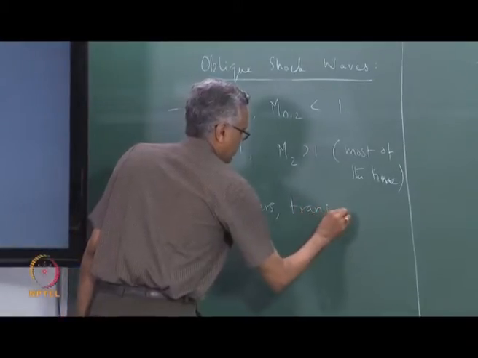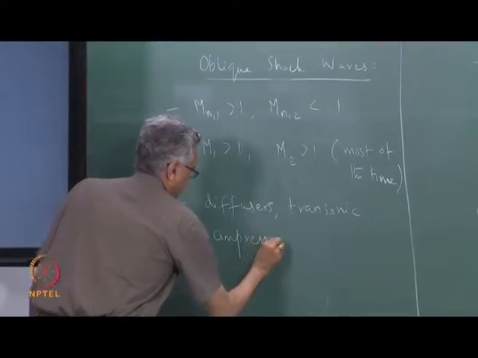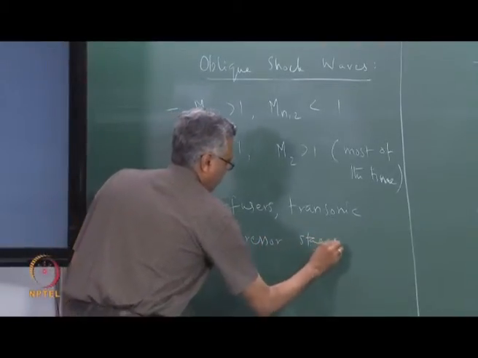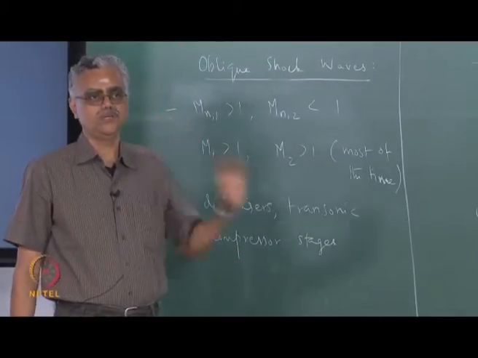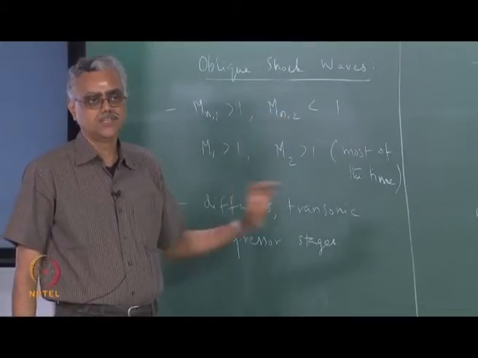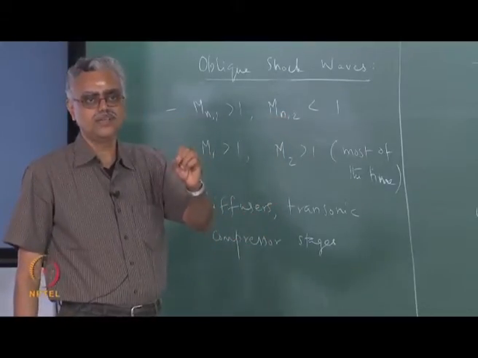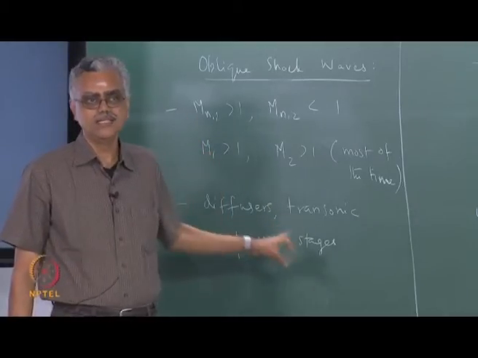For example, transonic compressor stages. So, in these applications, you design the geometry so that you generate shock waves of a certain angle and strength. So, this is controlled. You control the shock wave angle, the flow deflection and the strength of the shock wave in these applications.